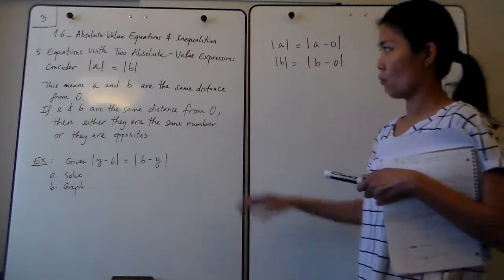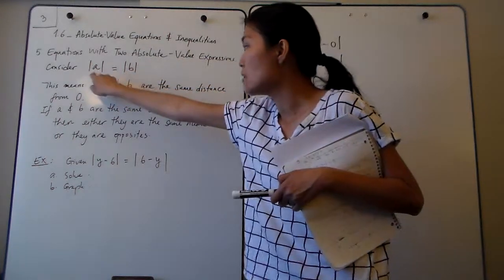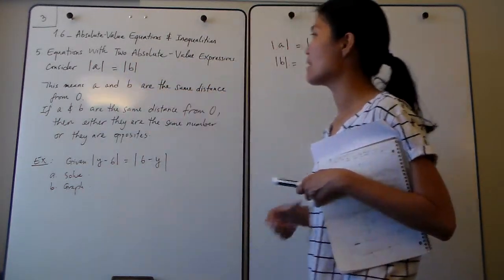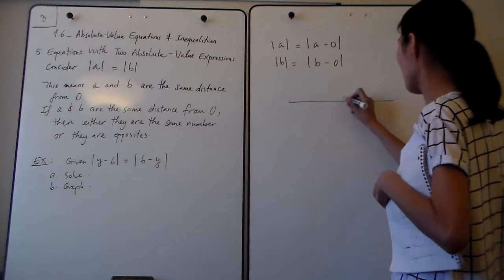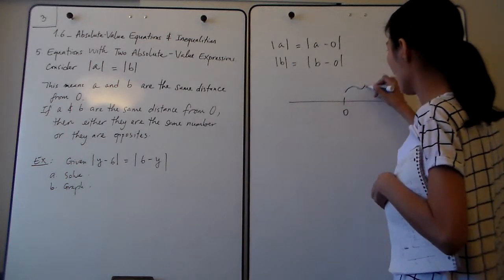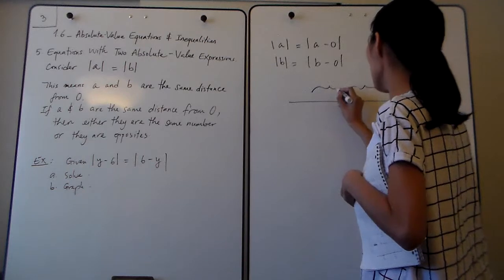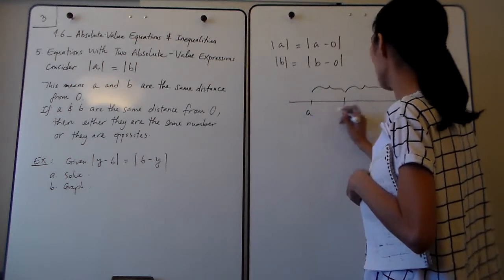We're given that the distances of A and B from 0 are the same. They are the same distance away.